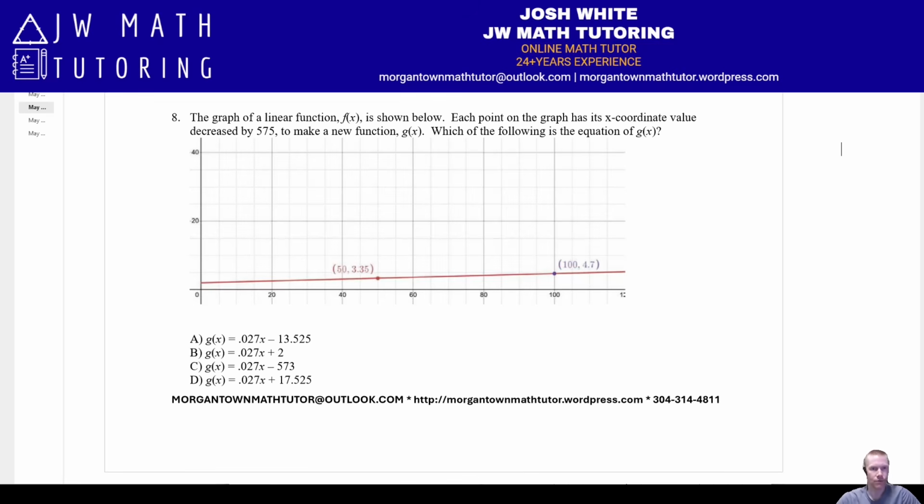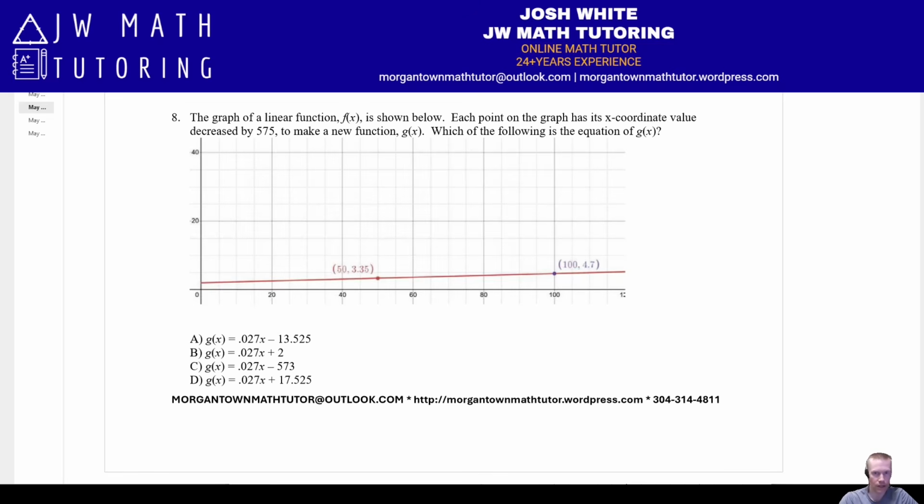And then it's asking you what is the equation of the new line after you do that. Okay? So essentially what's happening here is you are doing a shift of this graph, essentially like 575 units to the left.